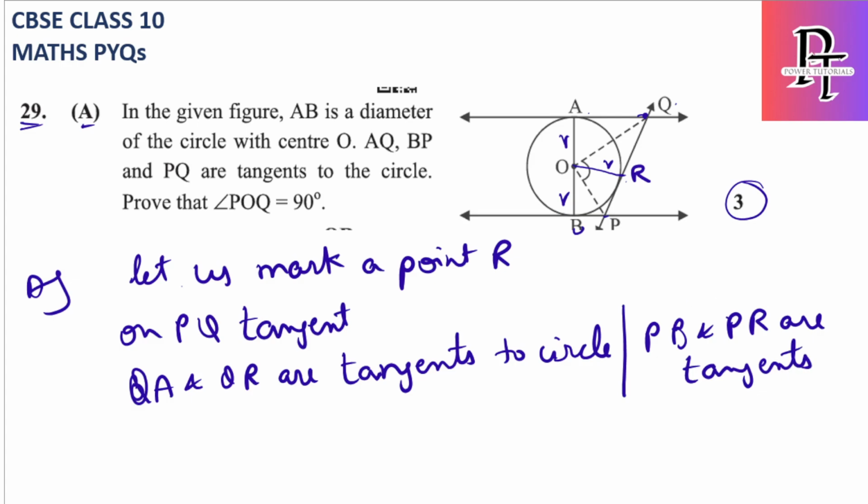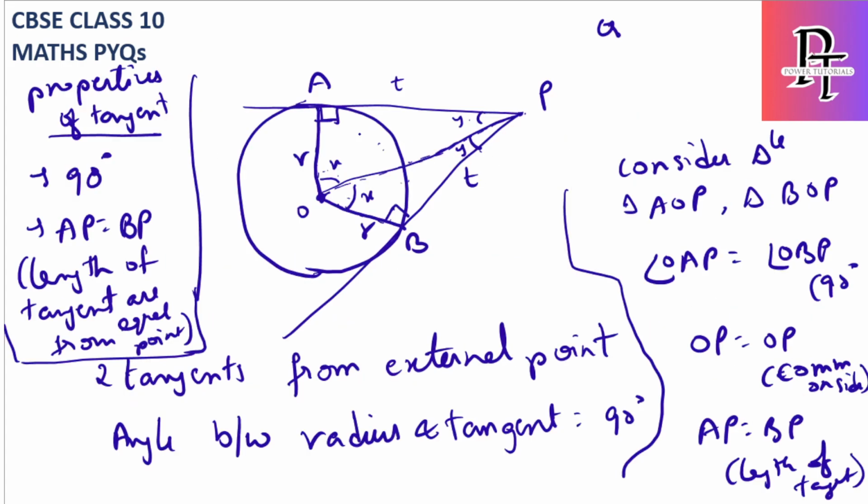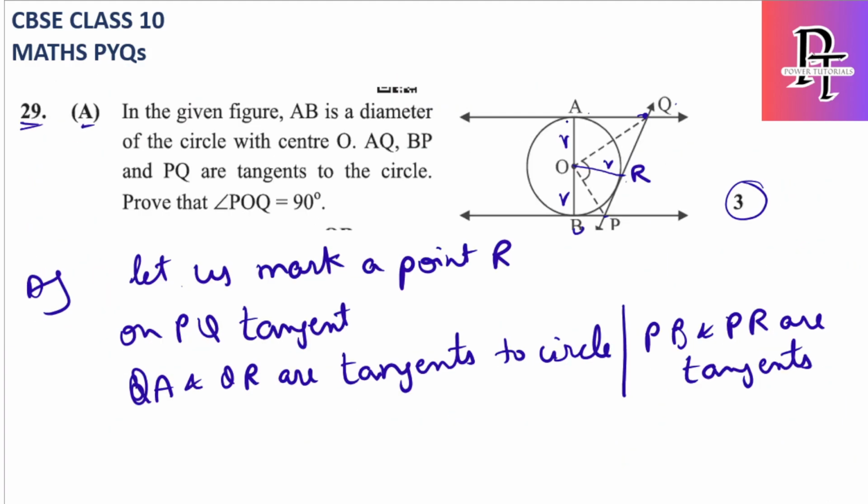If you remember, which I just proved, these two triangles are congruent, so this angle and this angle are equal. The same I will apply here. If I mark this angle as X, and this angle also is X only.